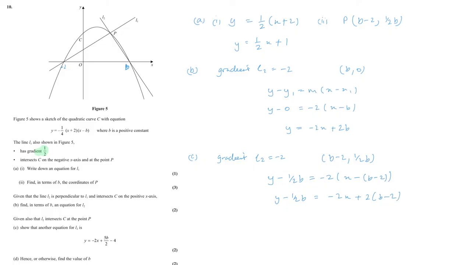So I didn't really need to sort this out, but I will obviously sort this out. Y minus a half b equals minus 2x plus 2b minus 4. So y equals minus 2x plus 5 over 2b plus 4.